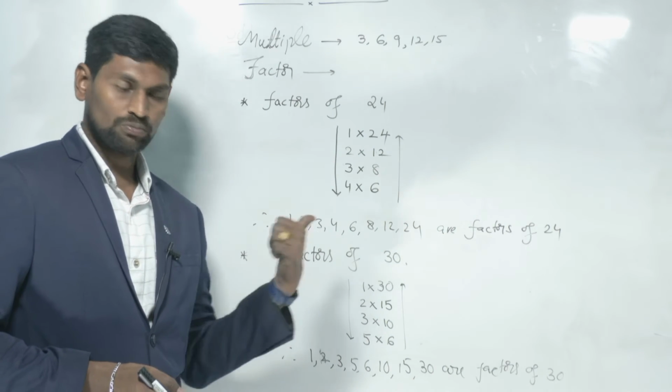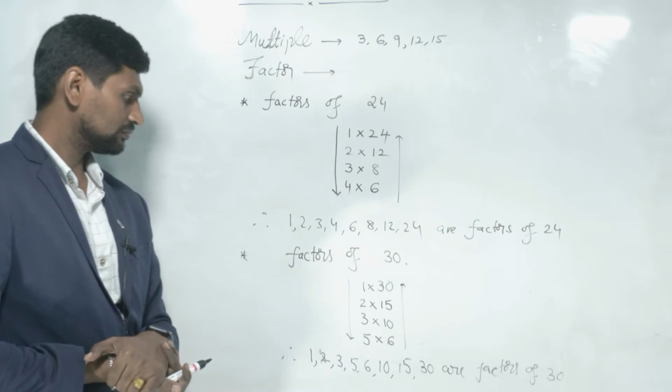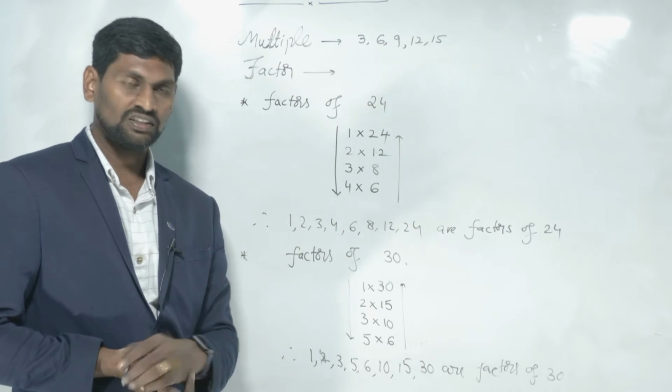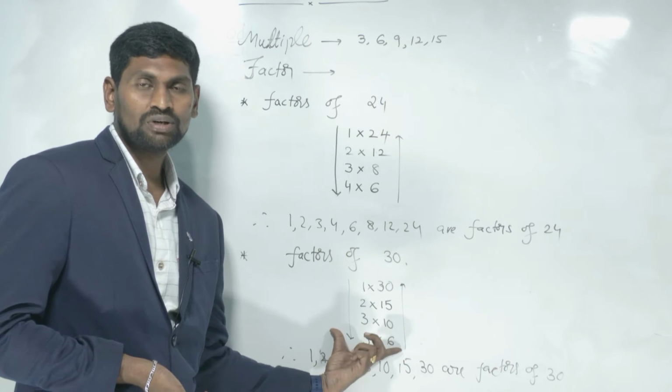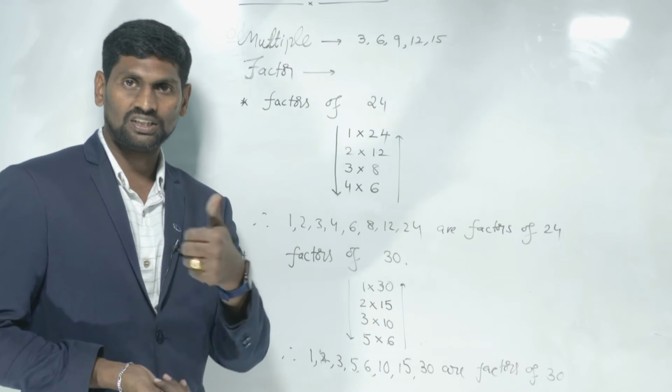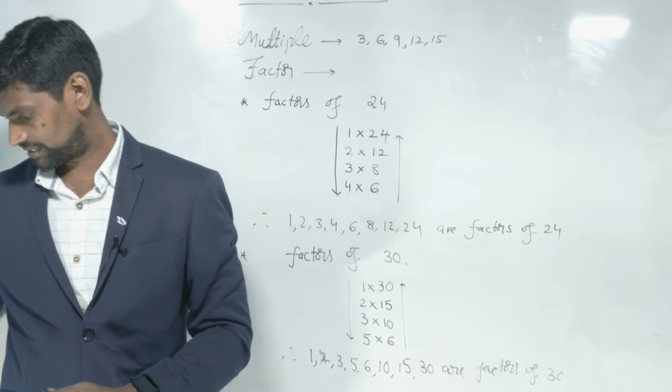Got it? So multiples and factors: here 30 is a multiple of all these numbers, and all these numbers are factors of 30. Clear, children? Next.